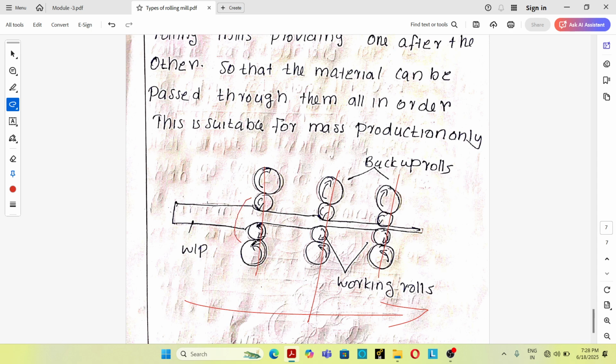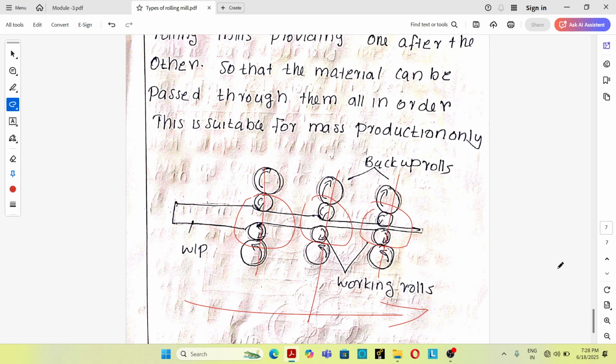Here one rolling takes place and the thickness reduces. Again when it reaches here, the thickness reduces, and at the third section the thickness reduces again. It has backup rollers supporting the working rollers. So this configuration is commonly used in the case of mass production only.